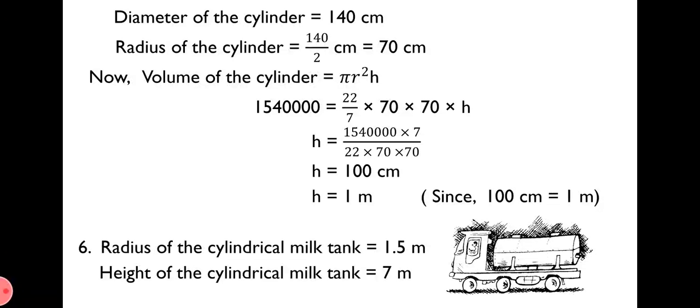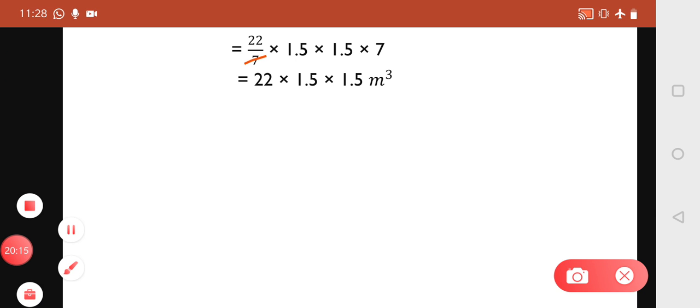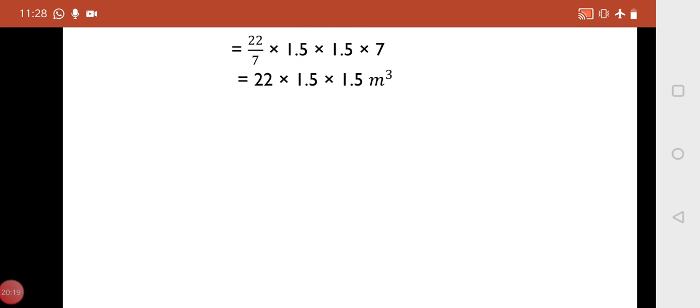Now let's find the volume. Therefore, volume of the tank equals pi r square h, that is 22 upon 7 into 1.5 into 1.5 into 7. That is equal to 22 into 1.5 into 1.5, because here 7 will be cut. Cubic meter.